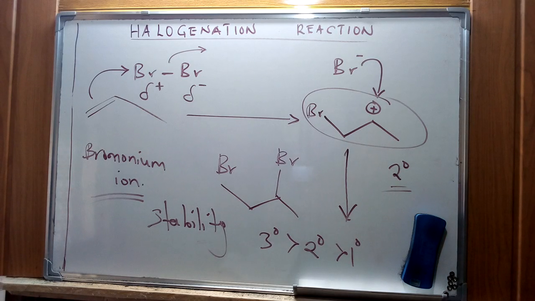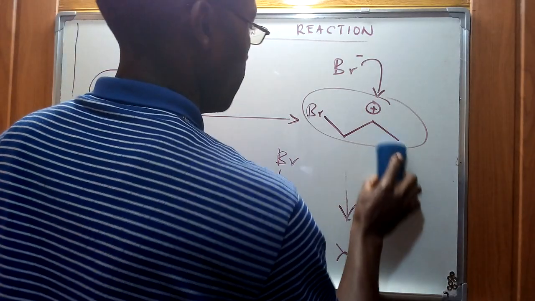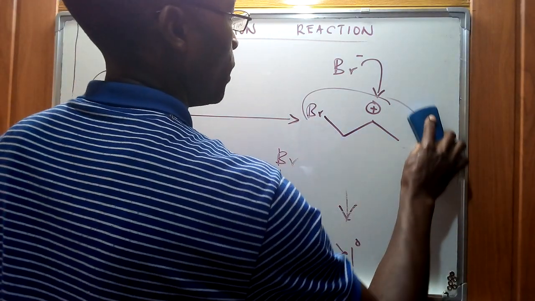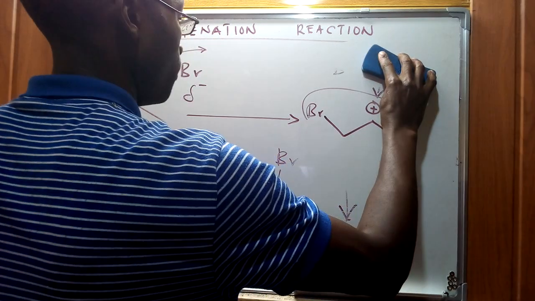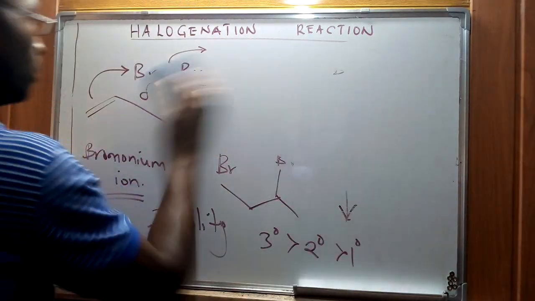Now we're going to show that using a reaction mechanism perhaps in our second illustration. But from this stage, I can just give an example and try to show how that specific ion is formed. So let me just do away with this.